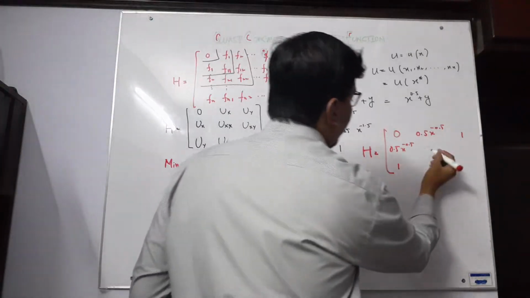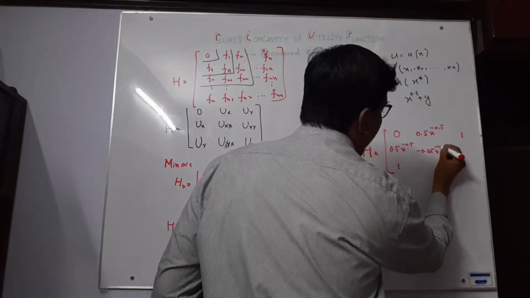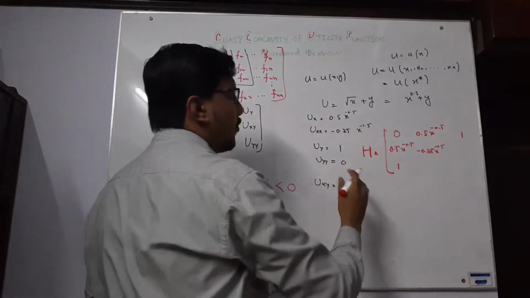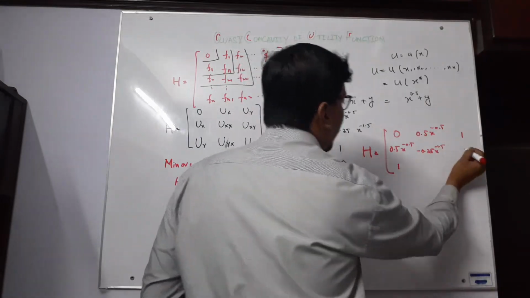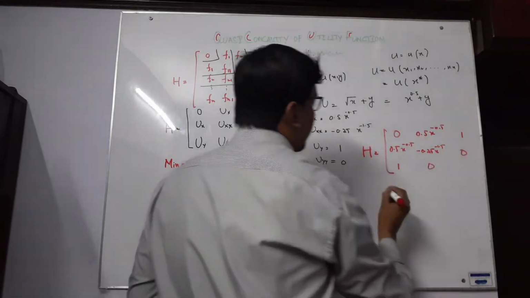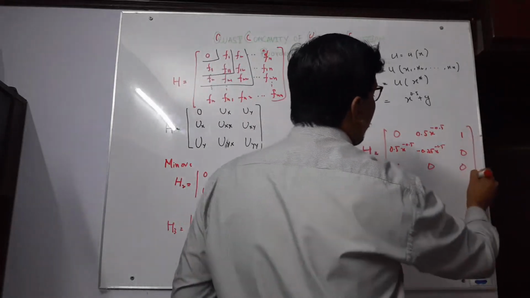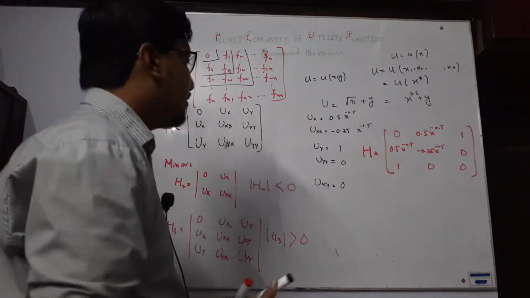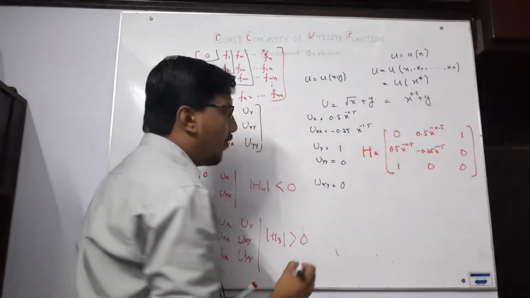So uxx we have is -0.25 x^-1.5, and now we will say that uxy is 0 and this is also 0, and then you will make uyy also 0. Now you have to make the different Hessian matrices by using the formula of minors.